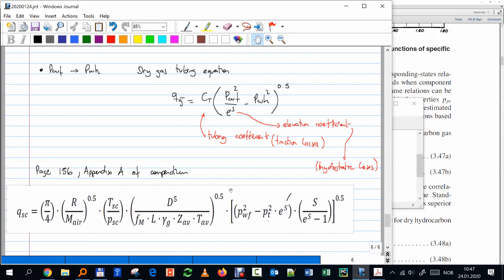So what happens when flow rate is 0 in that equation? If flow rate is 0, then CT doesn't matter anymore, the exponent doesn't matter anymore. Then PWF will be equal to PWH e to the S, divided by 2, right?